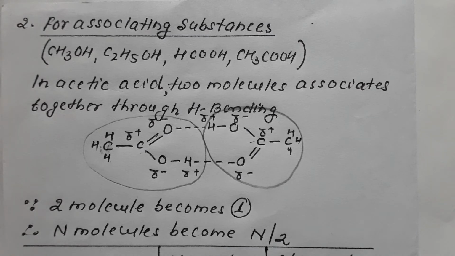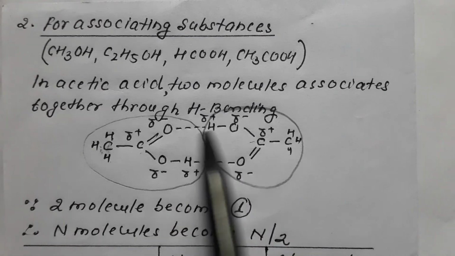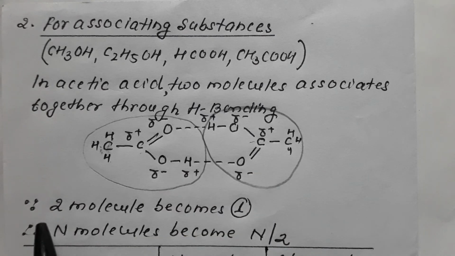We are discussing the application of Van 't Hoff factor for those substances which associate. Since two molecules become one through association, n molecules will become n by 2. So if the total number of particles is n, it will become n by 2 because of the association.